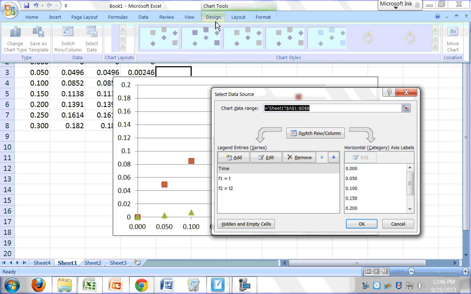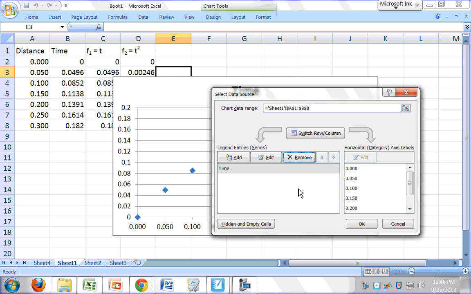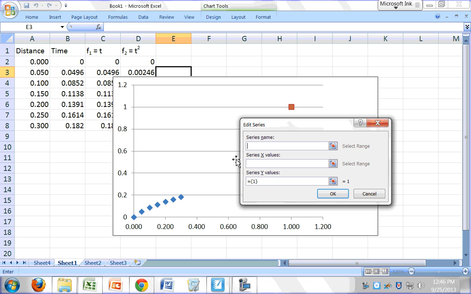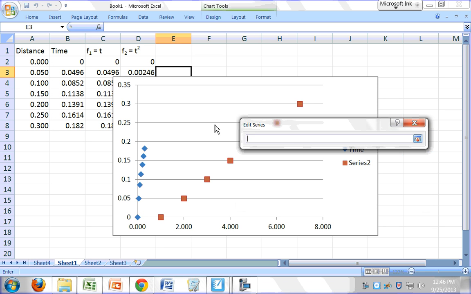So I go to design, select data, and then just remove the series, okay, and then add the series. What is it we want to plot? Distance versus time, right? Or is it time versus distance? No, distance versus time. So our distance would be y values, and our x values would be time only.